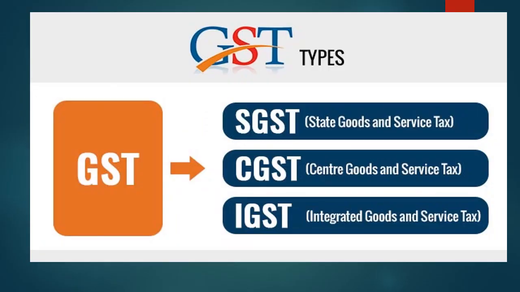Now, the full forms: SGST, State Goods and Service Tax; CGST, Central Goods and Service Tax; and IGST, Integrated Goods and Service Tax.